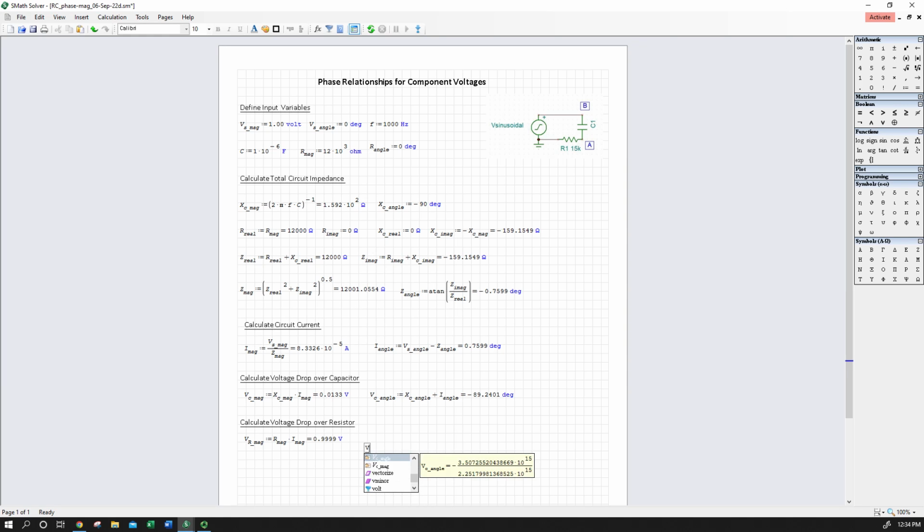So let's do the same with angle. The angle of the voltage drop over the resistor equals, so again, we're going to do a sum that correlates with that product for Ohm's law using our rules of polar math. So we're going to use our R angle plus, it's not a quotient, it's a product, so it's going to be plus I angle.